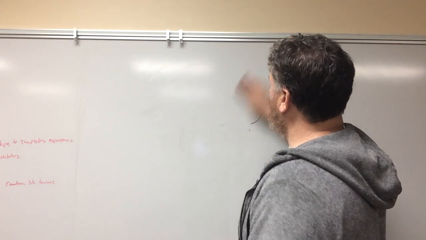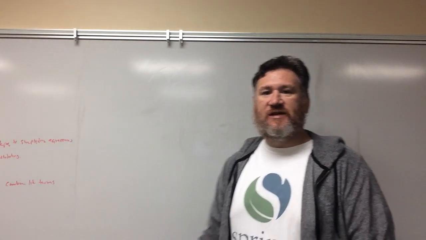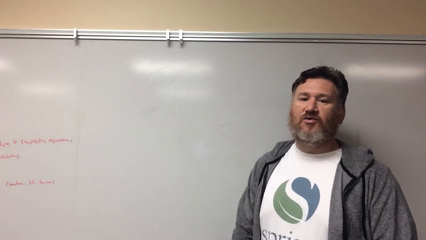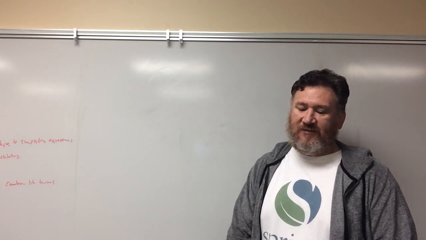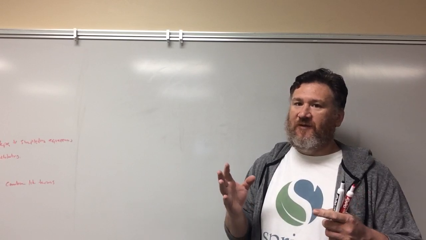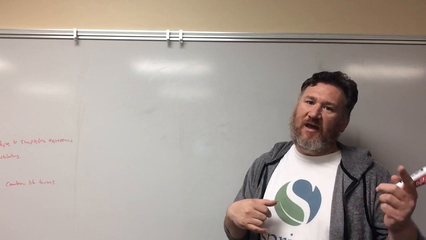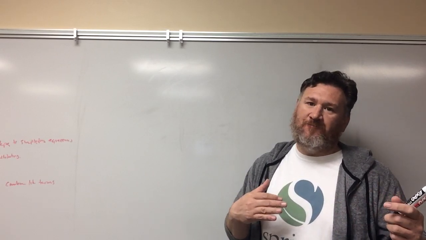Now we're going to talk about combining like terms, which is the next thing on your note sheet. So it says combining like terms is just putting together variables and or numbers that have the same exponent.